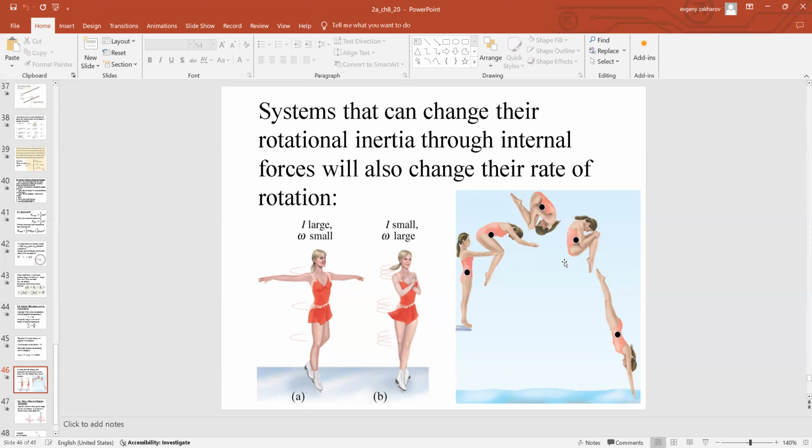They can do 3 or 4 complete revolutions before they enter the swimming pool. So the only way to make those 3 or 4 revolutions possible in that short time is to group the body all the way close to the axis of rotation, so you start spinning faster.